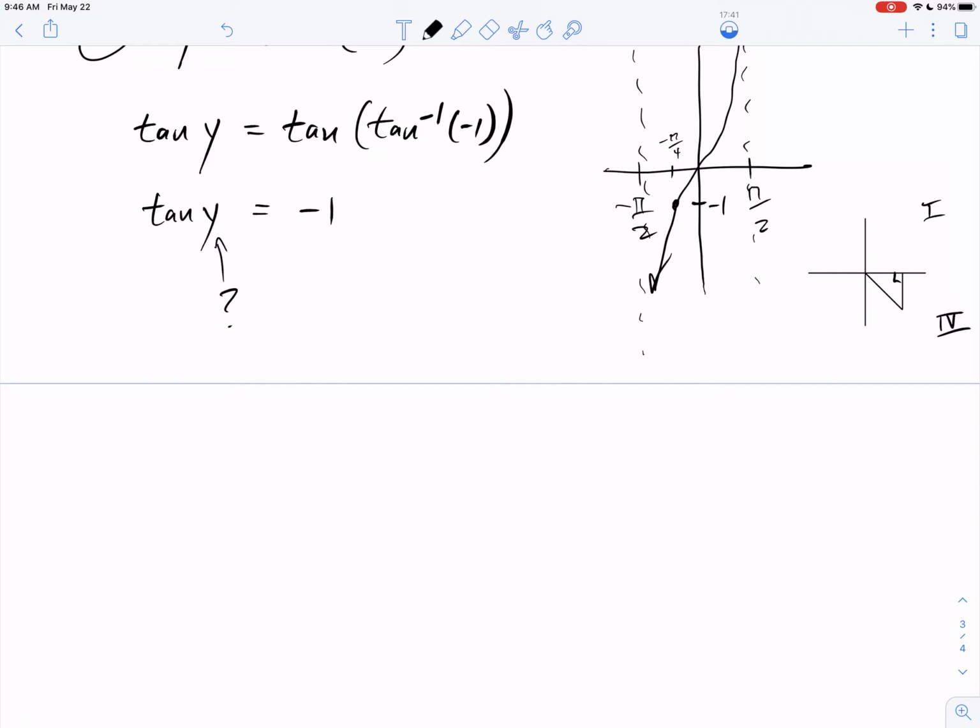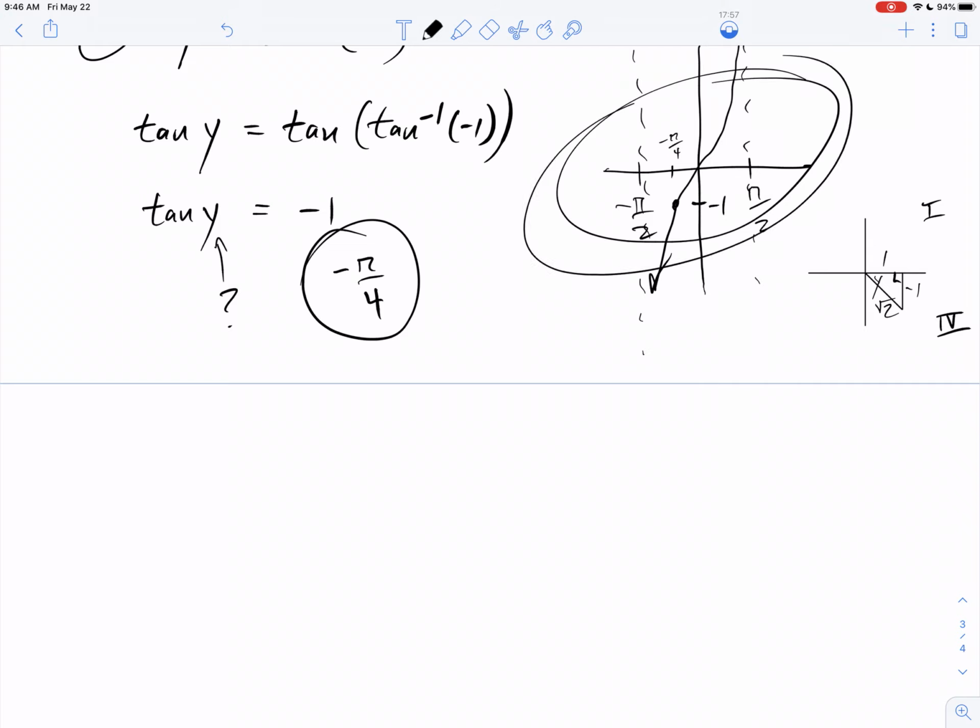And you say, where would it be -1? Opposite over adjacent. So that would be a -pi/4 angle. Whether I think of it this way or this way, I still get the same answer.